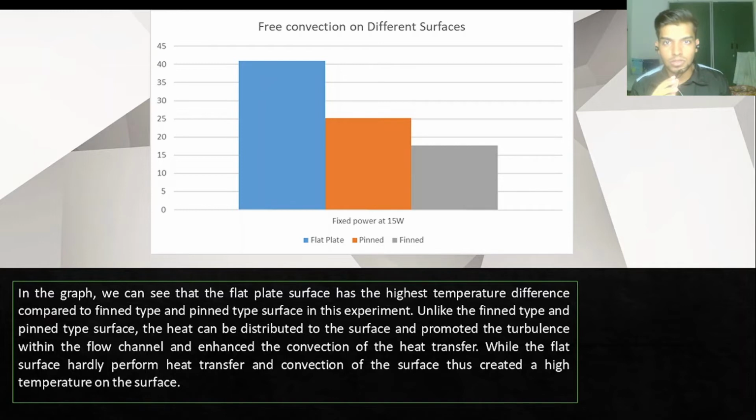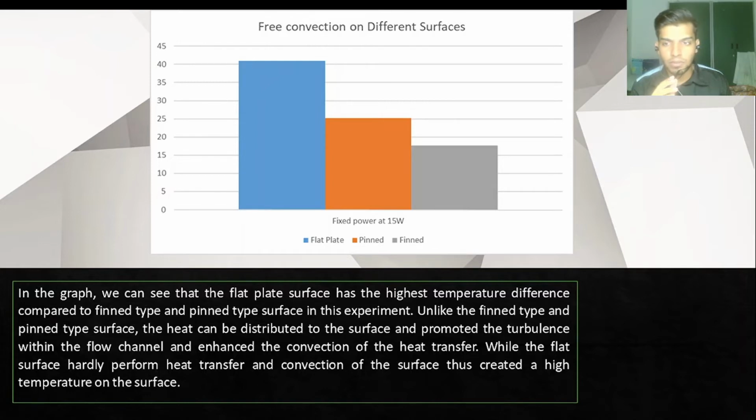So this is the graph for the free convection on different surfaces, and there are 3 different bars, which is flat plate, pin and fin type. In the graph we can see that the flat plate surface has the highest temperature difference compared to fin type and pin type surface in this experiment.